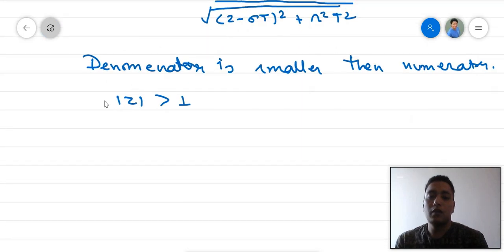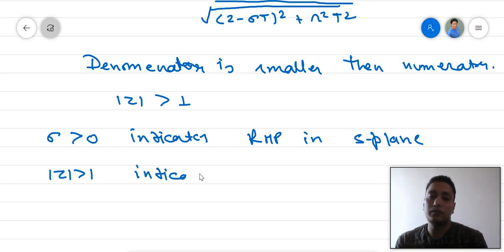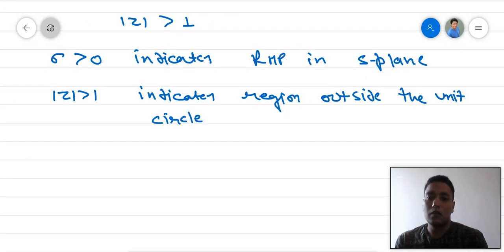That means sigma greater than 0 indicates the right half plane in the S plane, and mod Z greater than 1 indicates the region outside the unit circle.